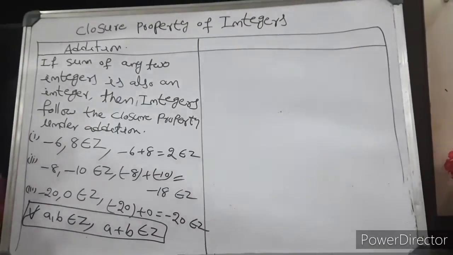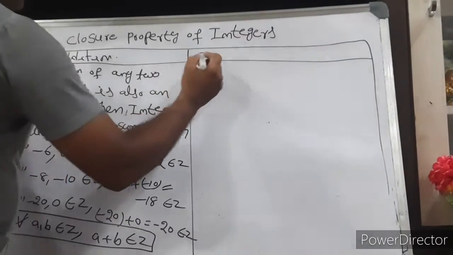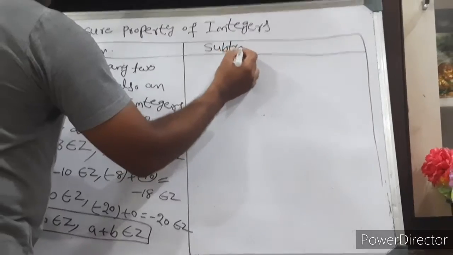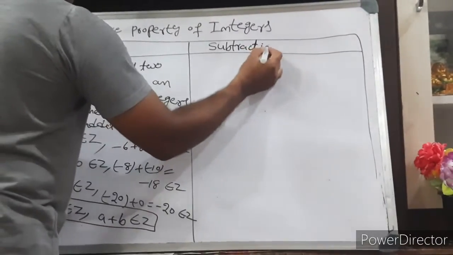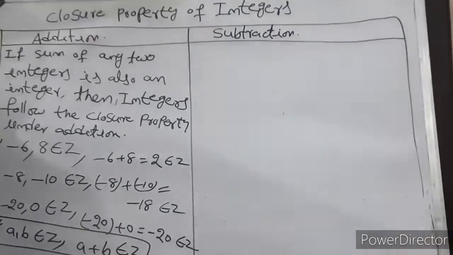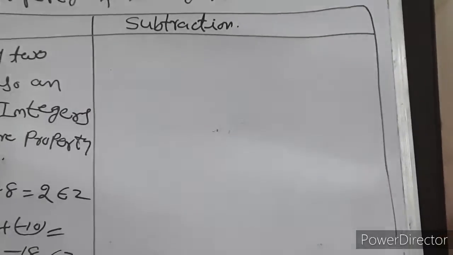Now, closure property of integers under subtraction. Here also, in addition means sum, subtraction means difference.